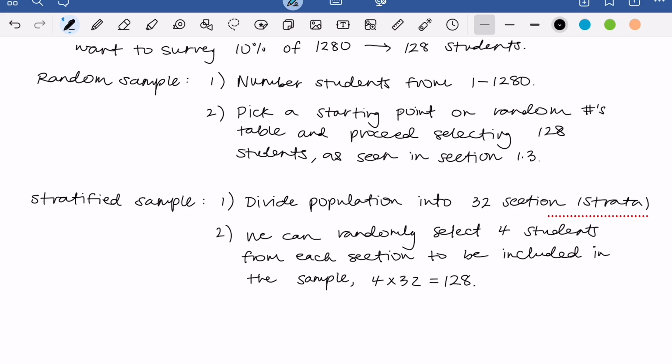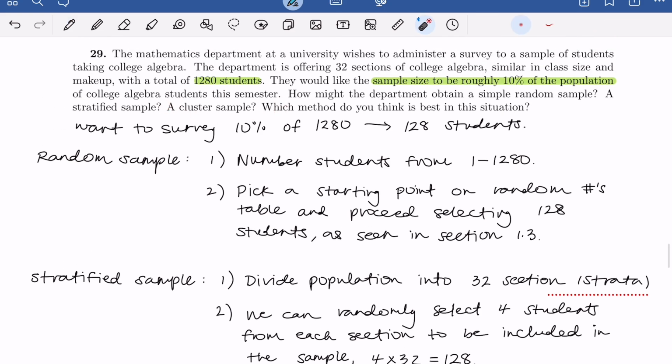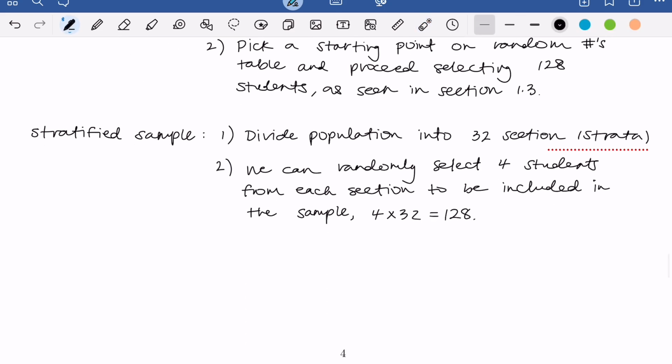And lastly, we want to figure out how we would obtain a cluster sample. So we're going to do the same thing here. To get a cluster sample, the first thing that we're going to do is treat each section as a cluster.